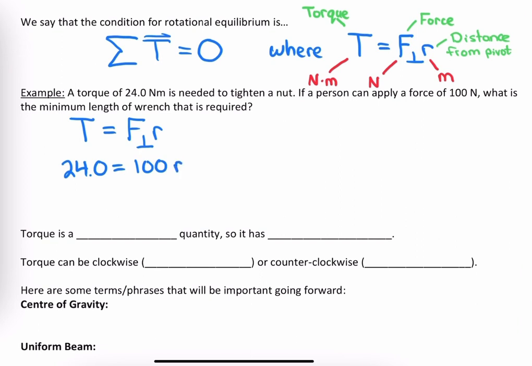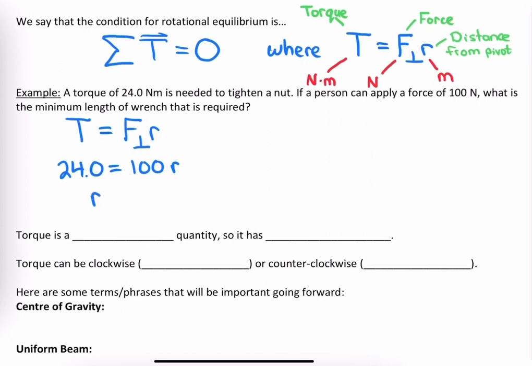And then there's my R, the length of the wrench. And if I rearrange this and I solve for R, I get 0.24 meters. So if I have a wrench that's 24 centimeters long and I push with 100 newtons on the end of it, I'll generate the right amount of torque for this particular nut to get it tightened to where I need to get it tightened to.